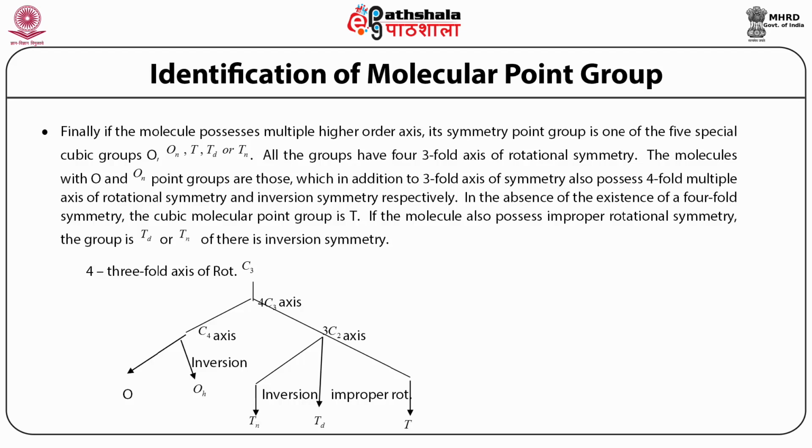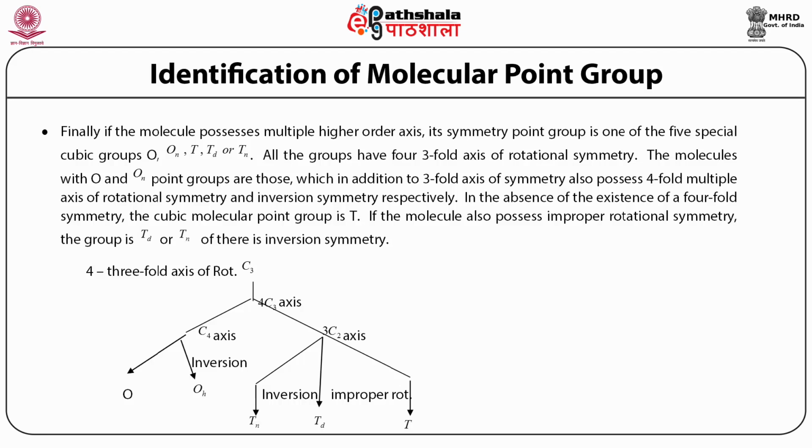It could be O, Oh, T, Td, or Th. All these groups have 4 threefold axes of rotational symmetry. The molecules with the point group O and Oh are those which, in addition to the threefold axes of symmetry, also possess fourfold axes of rotational symmetry and inversion symmetry respectively.